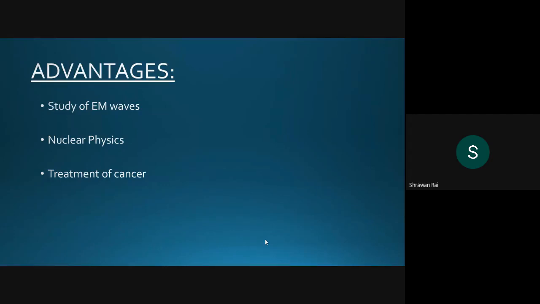Cyclotron, as you know, is used to accelerate particles to a speed near the speed of light, and is used to understand more about nuclear physics. Number 3, treatment of cancer. Cancer is basically a growth of extra tissue that the body doesn't want. A high-speed ion beam can be used to penetrate the human body and to kill the tumor.